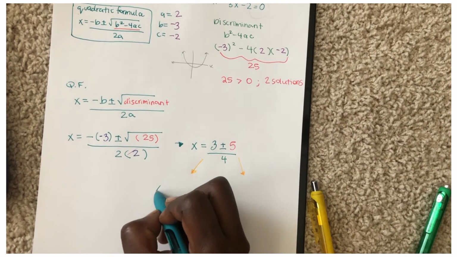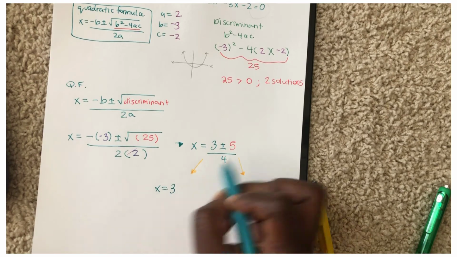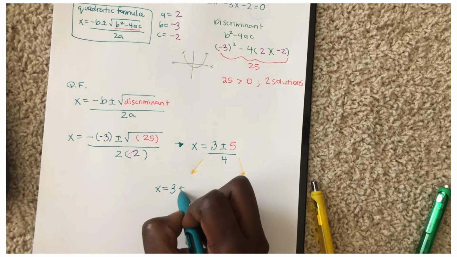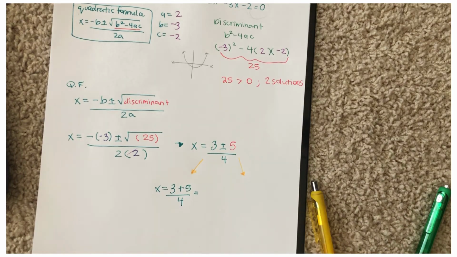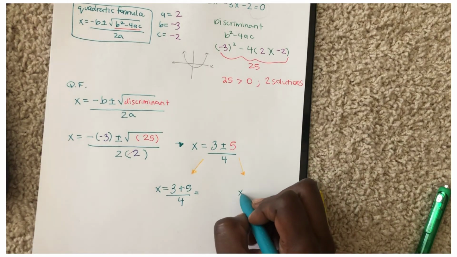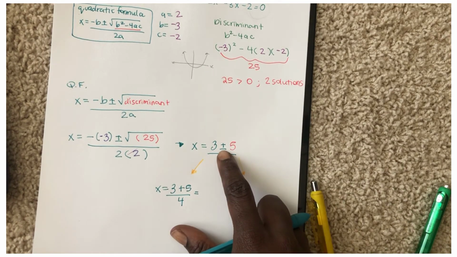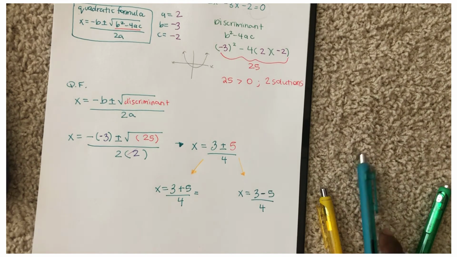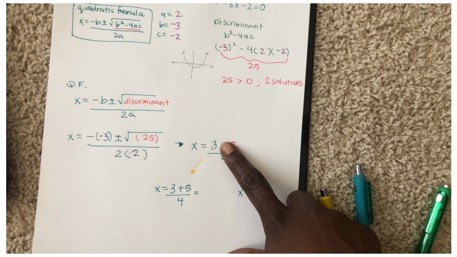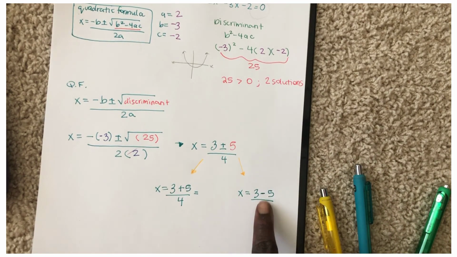We're going to have x equals 3 plus 5 divided by 4 equals a number. And then we're also going to have x equals 3 minus 5 divided by 4. Okay, that is plus or minus. It is positive or negative, but we are using adding and subtracting when it's in our equations.